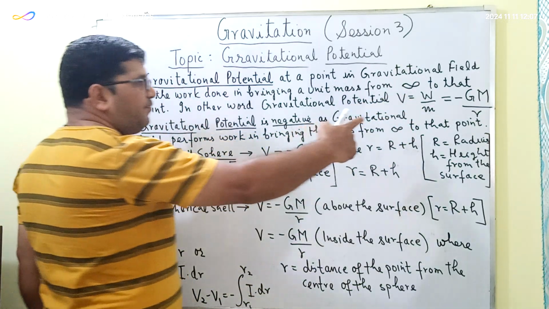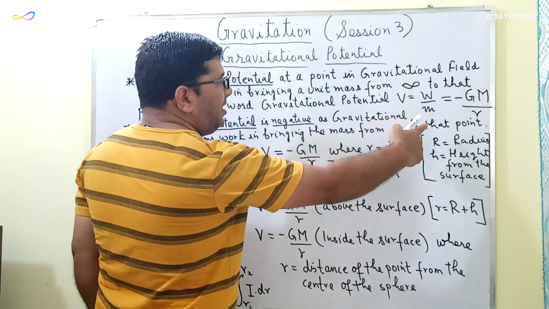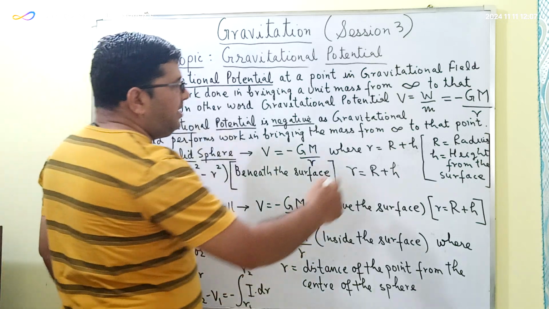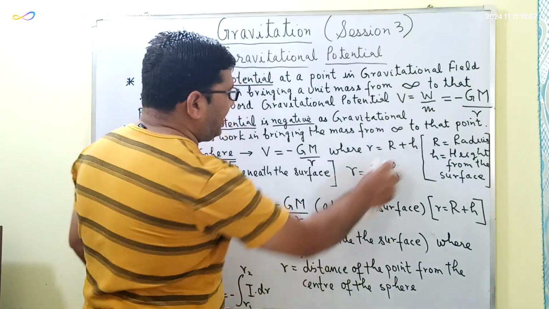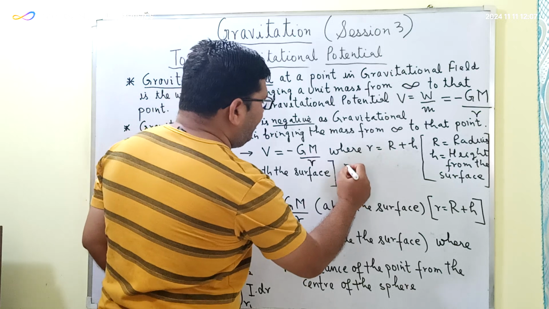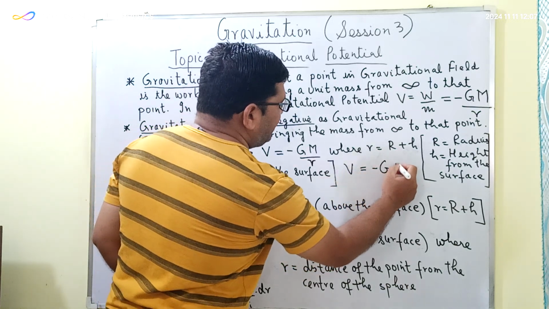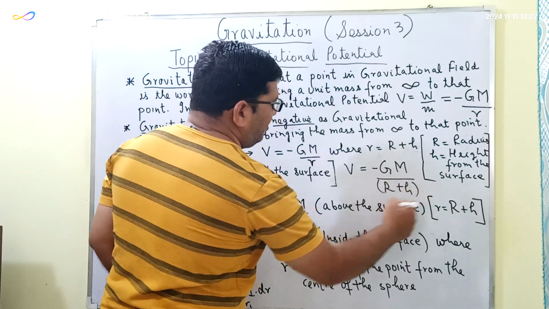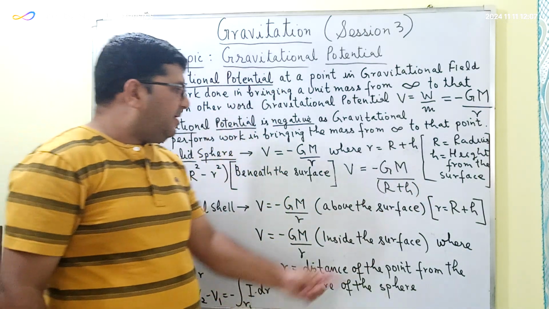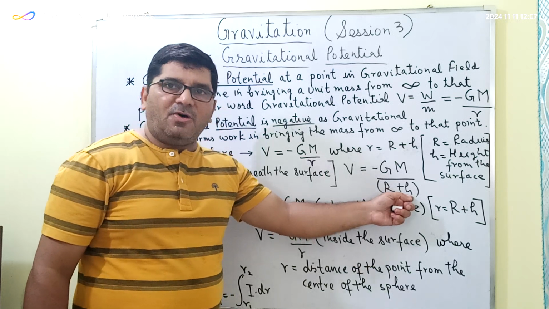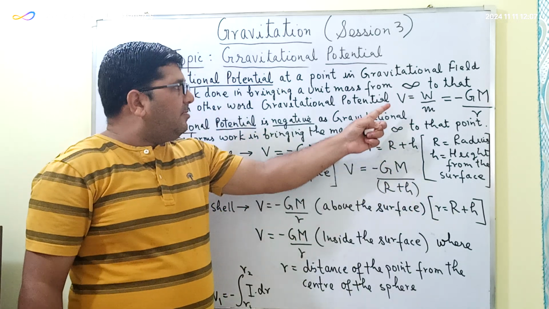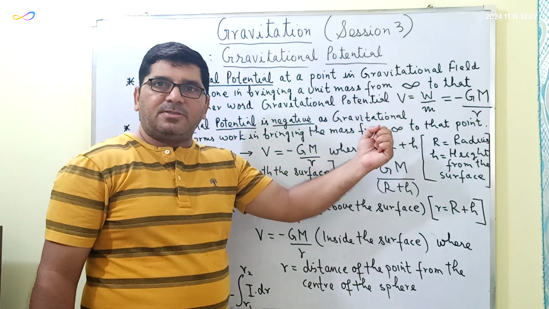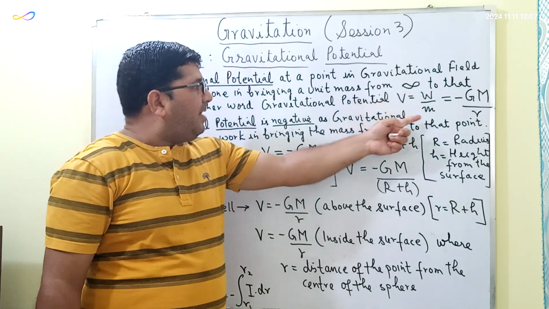So with reference to our planet Earth, V is equal to minus Gm divided by small r, or we can also write this equation as V is equal to minus Gm divided by r plus h, where r is the radius of the Earth and h is the distance of that point at which we have brought a mass, or you can say an object of mass small m.